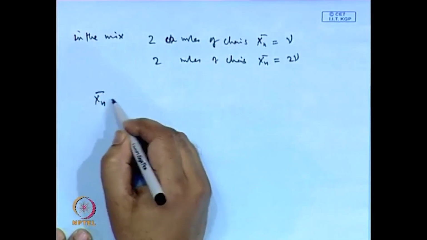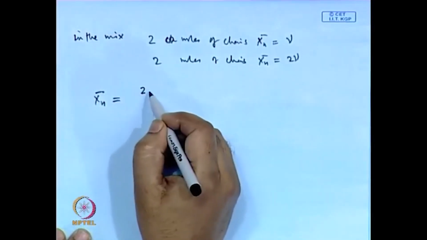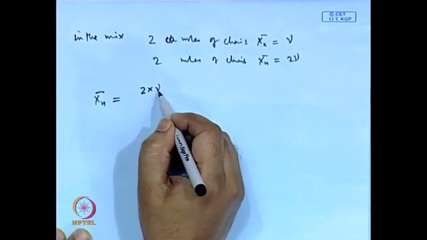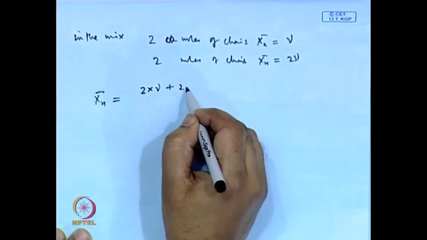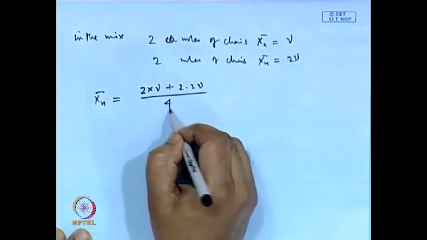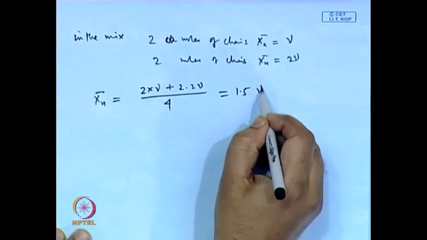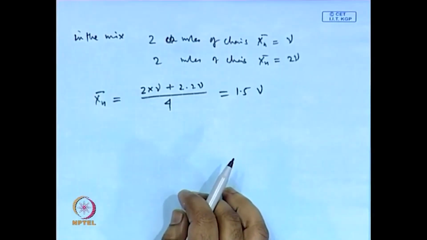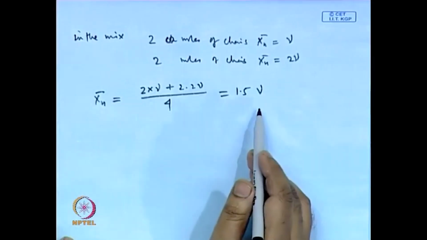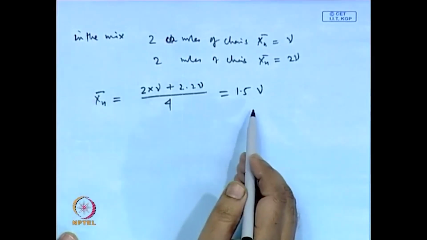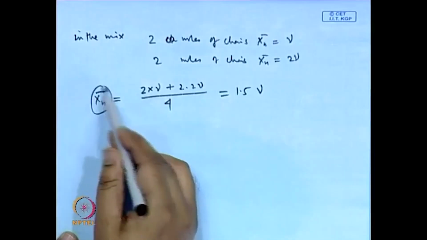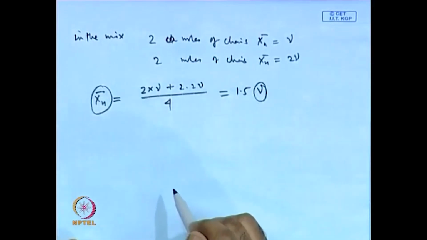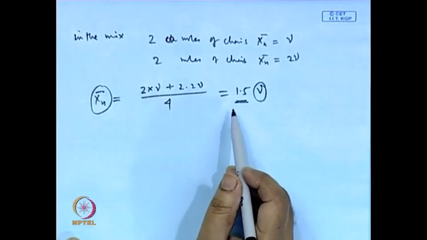So, again on average we have 2 moles of chains with nu degree of polymerization, 2 into 2 nu, divided by the total number of chains which is 4. So, 1.5 nu, again you get the same number. So, fine. So, you know how the average degree of polymerization is related to the kinetic chain length. Now, what is 1.5?